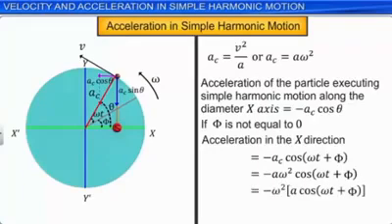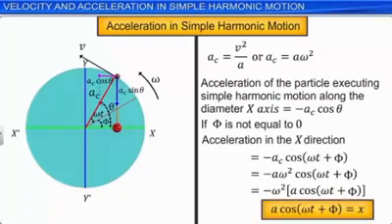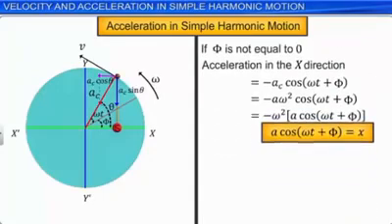The quantity A cos omega t plus phi is the displacement x of the particle executing simple harmonic motion. Hence, the acceleration of the particle executing simple harmonic motion can be written in terms of its displacement as minus omega square x.